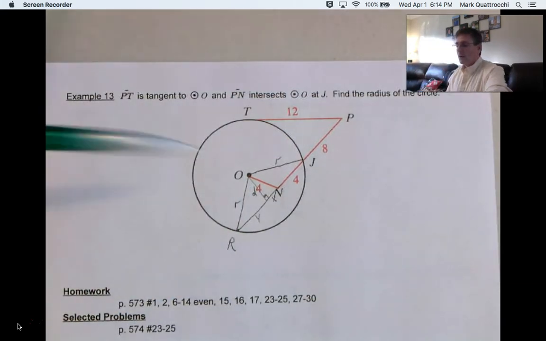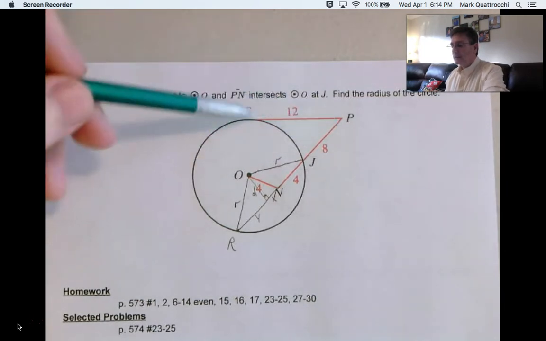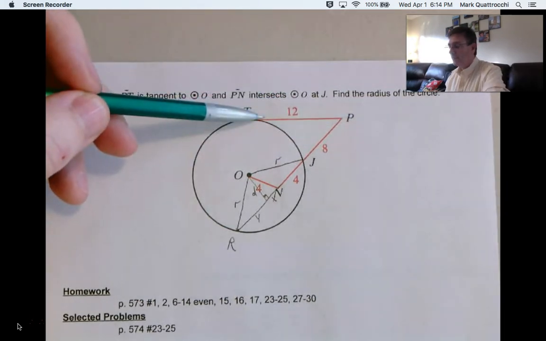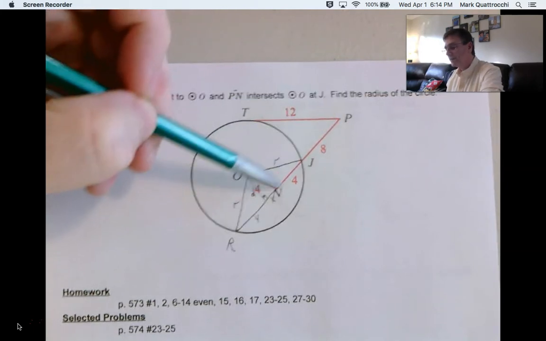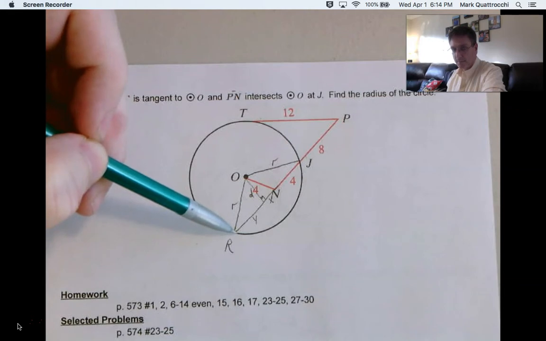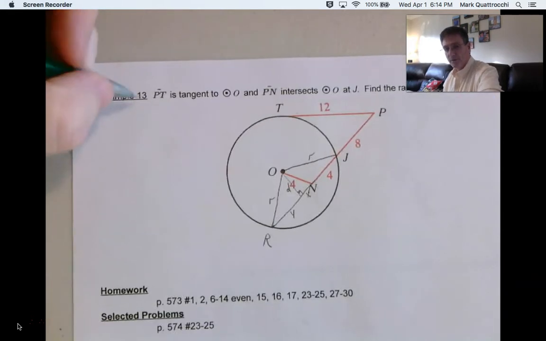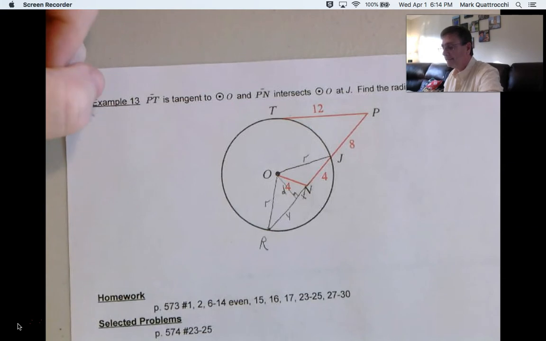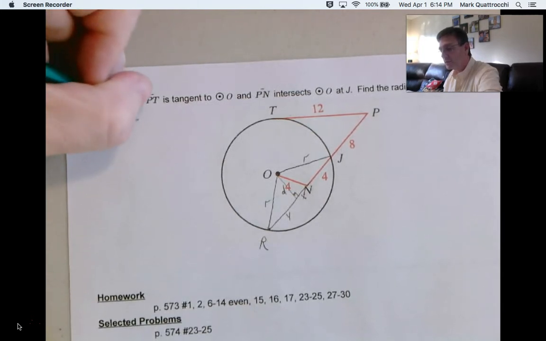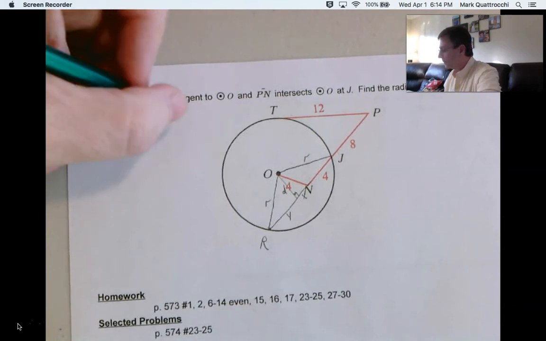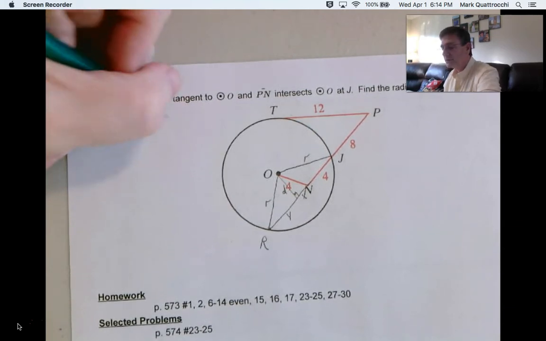We're now going to be able to use the fact that 12 squared is equal to 8 times 8 plus 4 plus x plus y. Over here to the side, I'm going to write 8 times 8 plus 4 plus x plus y, which is equal to 12 squared.